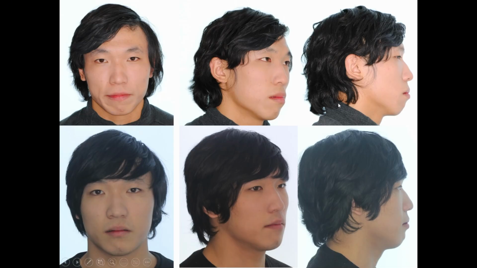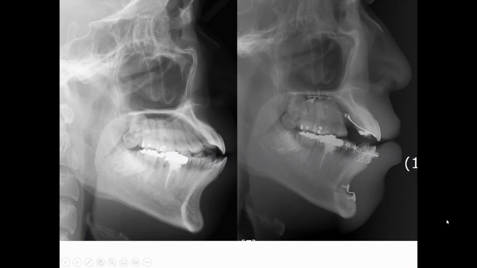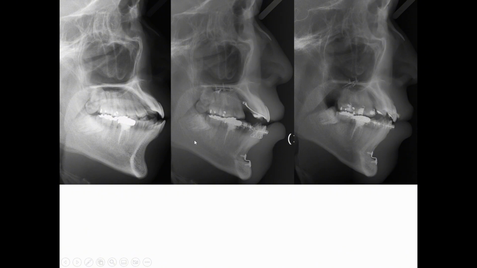The phase initial and during the treatment, the phase change. Just after the treatment, look at. So almost upright without any problem.